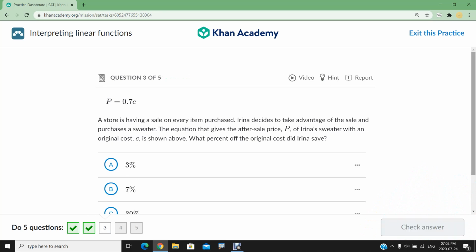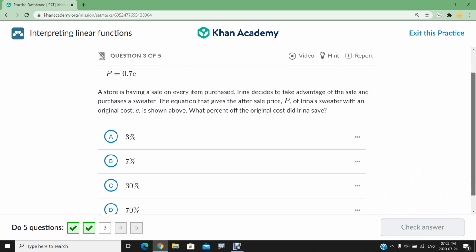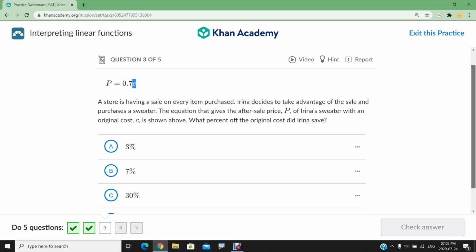Okay, next question. A store is having a sale on every item purchased. Irina decides to take advantage of the sale and purchases a sweater. The equation that gives the after-sale price P of Irina's sweater with an original cost C is shown above. What percentage off the original cost did Irina save?